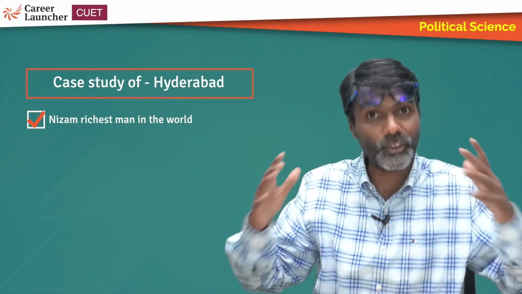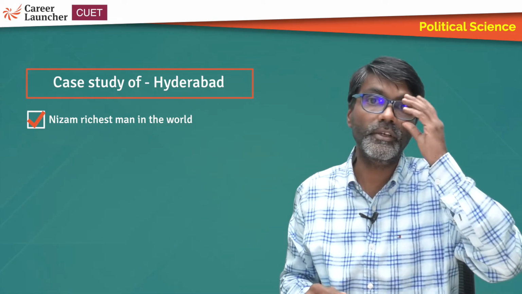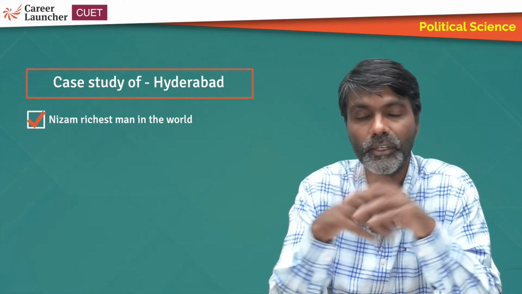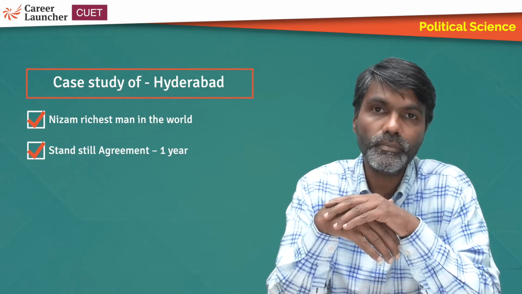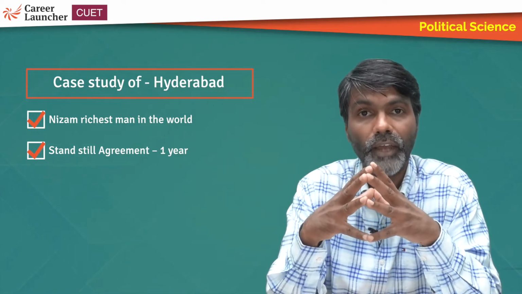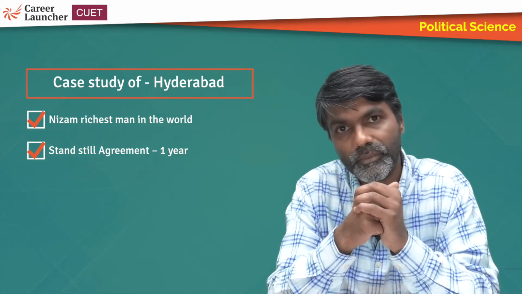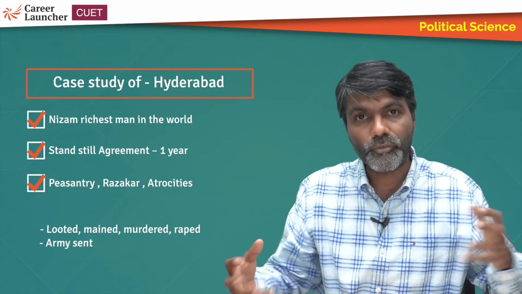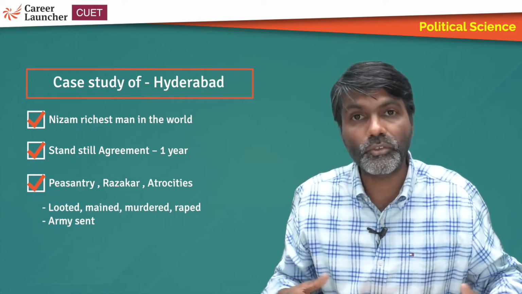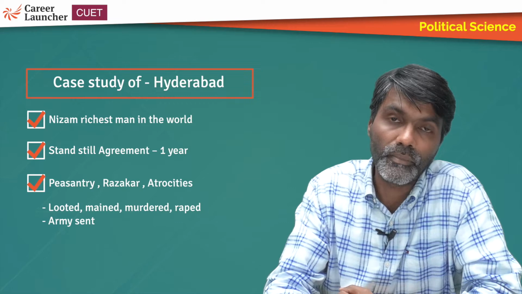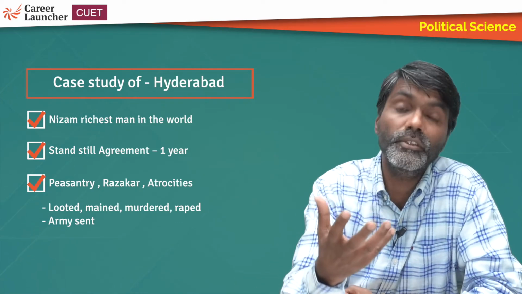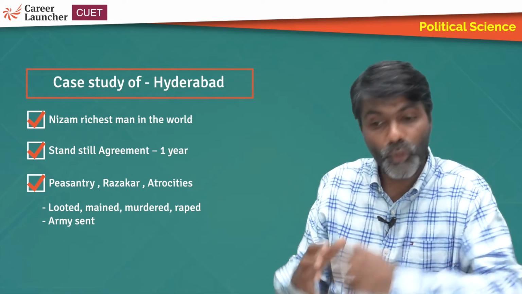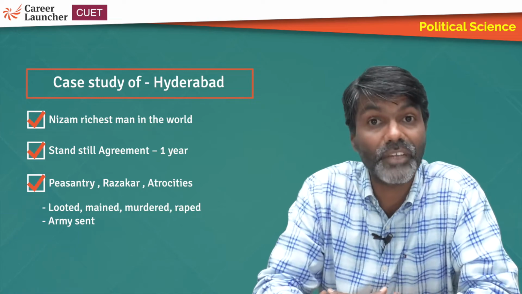Okay? This rich man said that I want to be independent, and he even negotiated with the Indian government saying that give me time for a year, I'll decide in a year, and that agreement was called the standstill agreement. But the peasantry, the farmers, the lower sections of the society were against the Nizam, and that movement took birth. The poets, the social activists, the Communist Party people, they all joined them, and it became what was called the Razakar movement in Hyderabad.